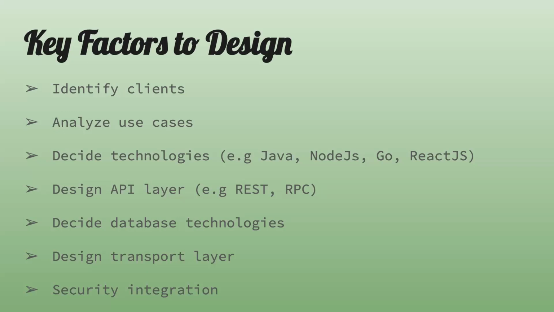And we need to decide the technologies. What is the technology that we are going to use to develop the software? For example, let's assume that we have a lot of IO requests, but not computationally intensive tasks.